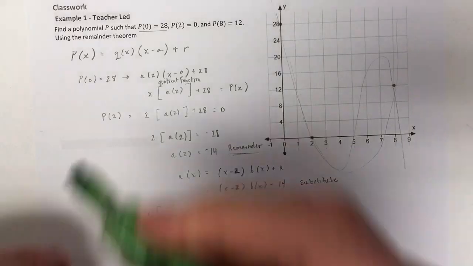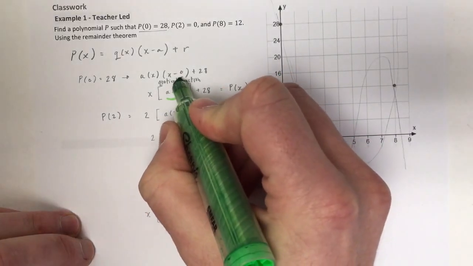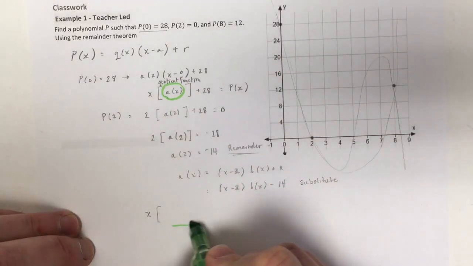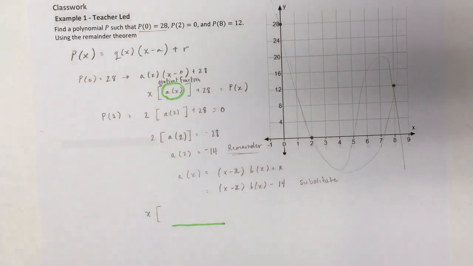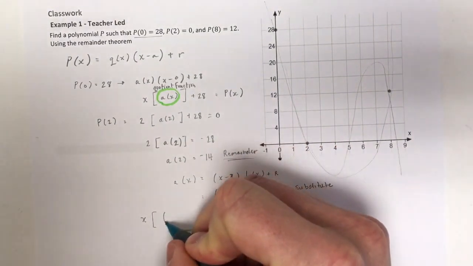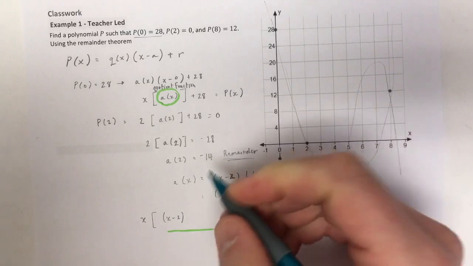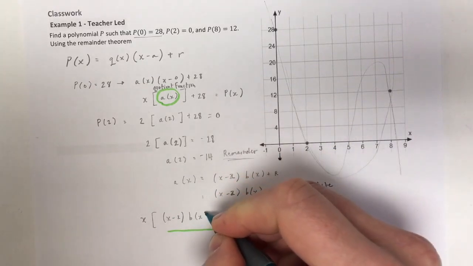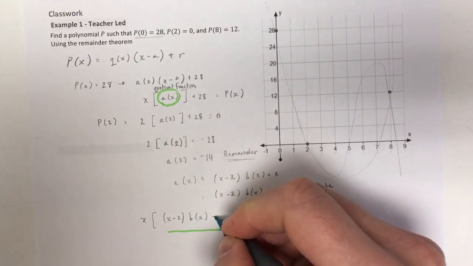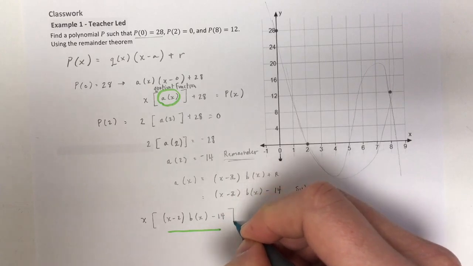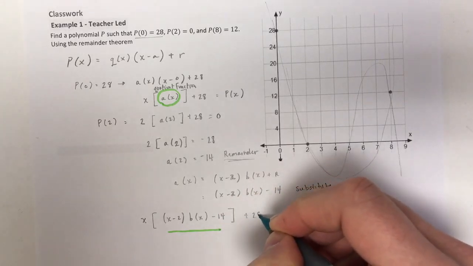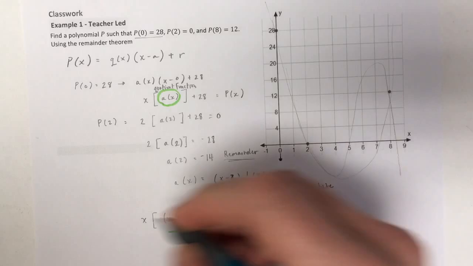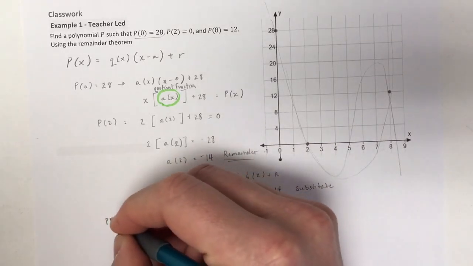So it might help if you guys look back at this is what I'm going to put inside of here. x minus 2 times some b of x function minus 14 plus 28, and this is considered my polynomial function.